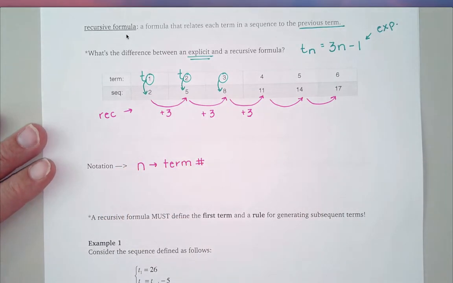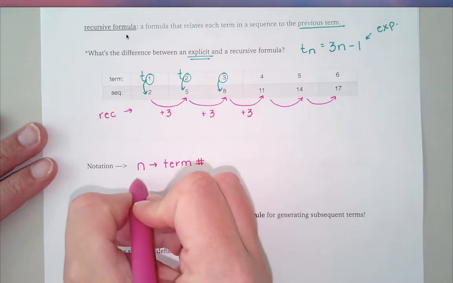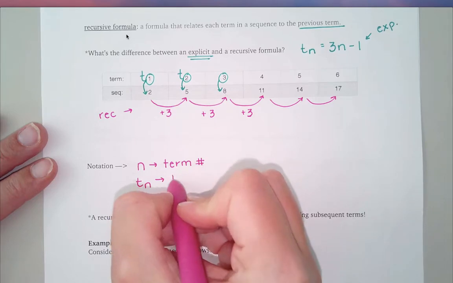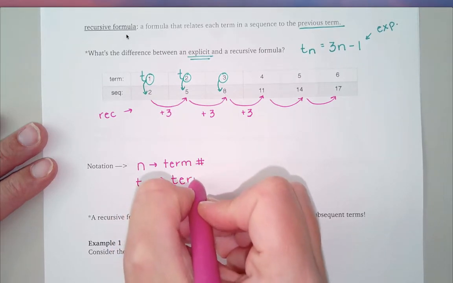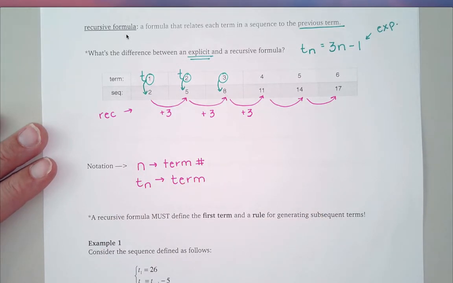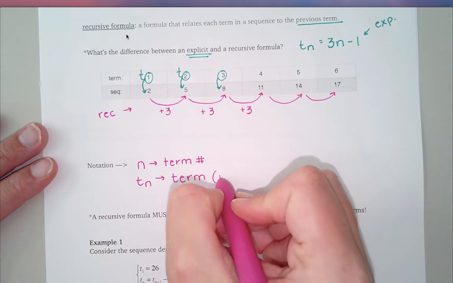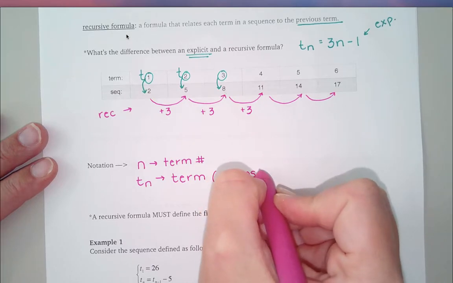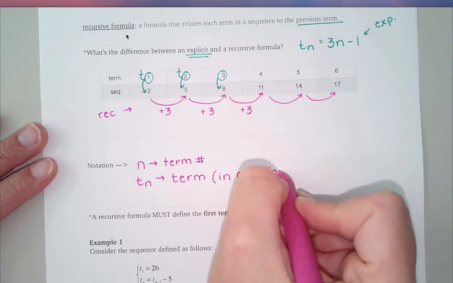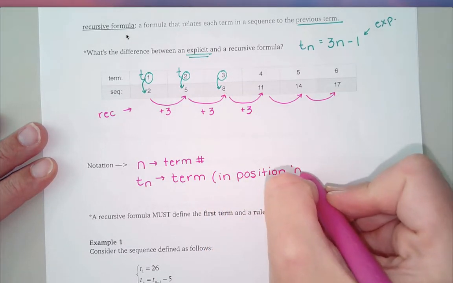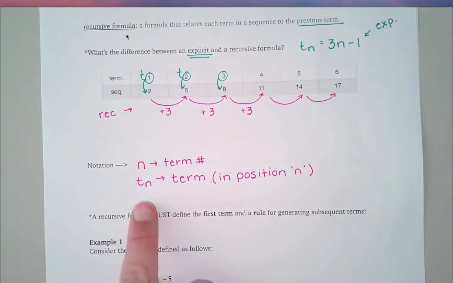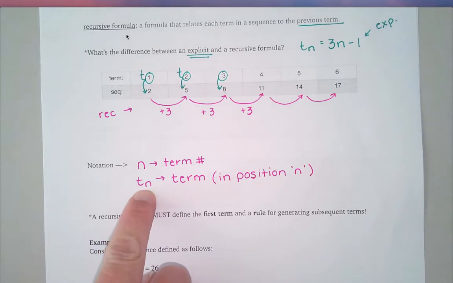Which means when you see this, t sub n, that's referring to some term in the sequence. Specifically, it's the term in position n. So if I say T3, I'm asking you for what term is in the third position.